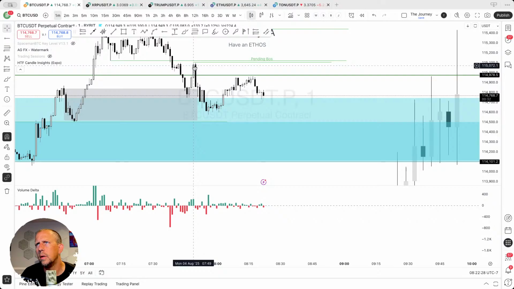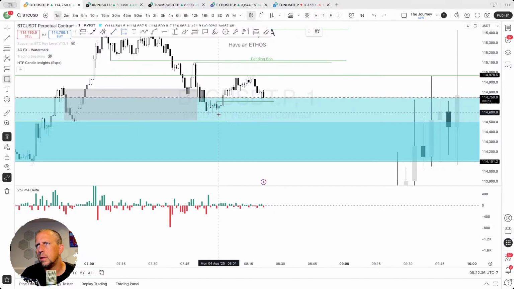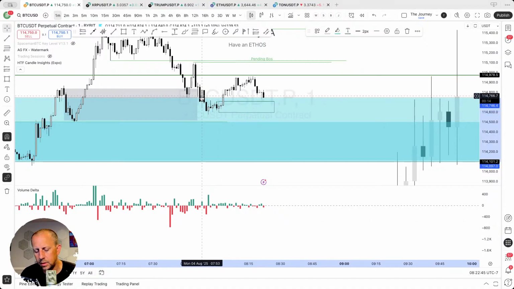We get 1 minute back on our side yet? No. Do we form an inefficiency out of here? Let me clean some of the stuff up on this chart.